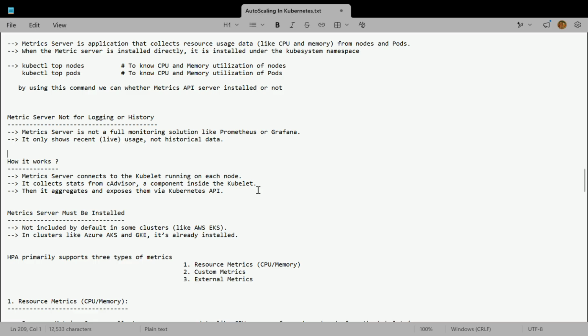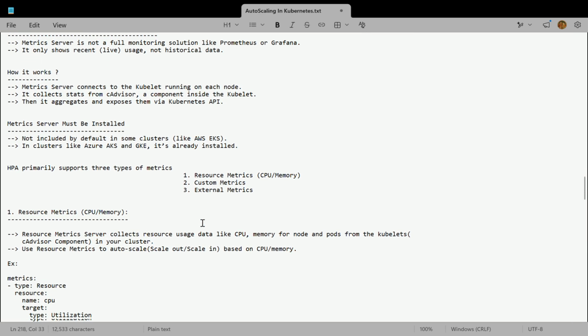In the kubelet, as we discussed a while ago, the CPU and memory utilization of each pod is available. The kubelet also collects stats from cAdvisor, which is present in the kubelet. From this, the HPA controller gets all the utilization information, and it exposes the CPU and memory utilization via the Kubernetes API.